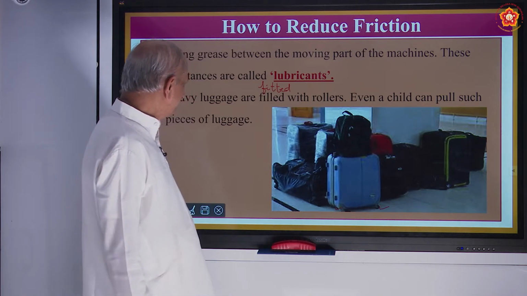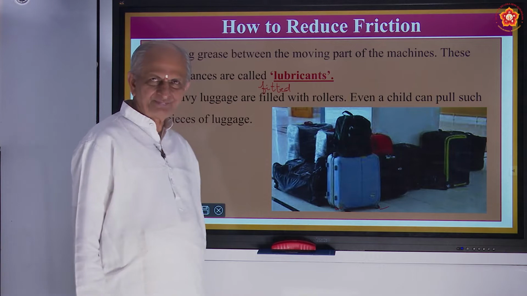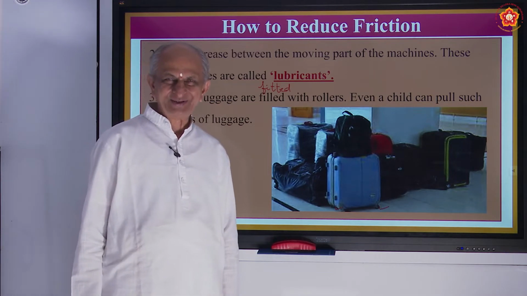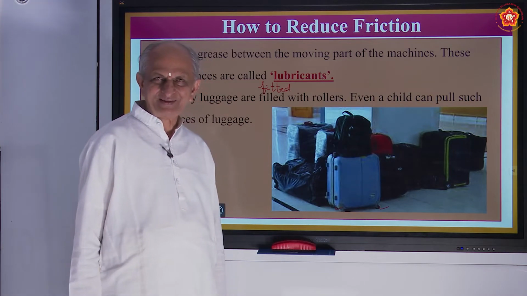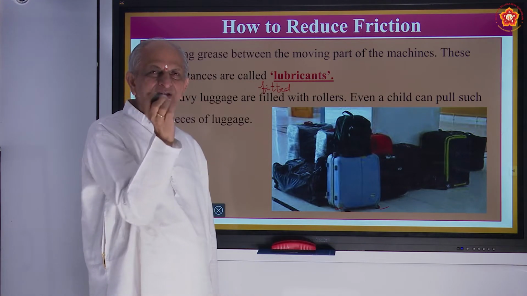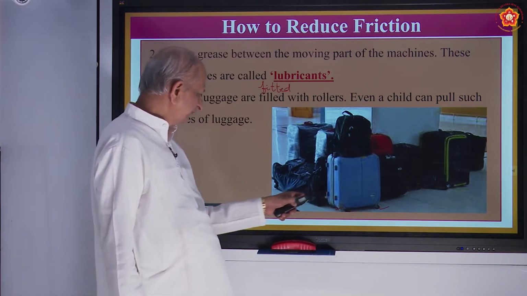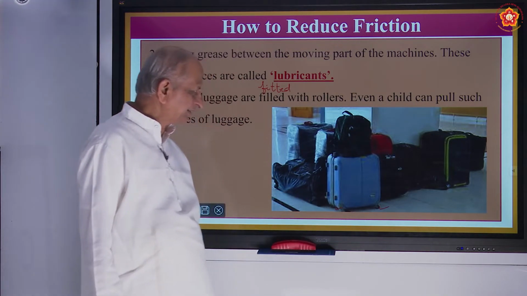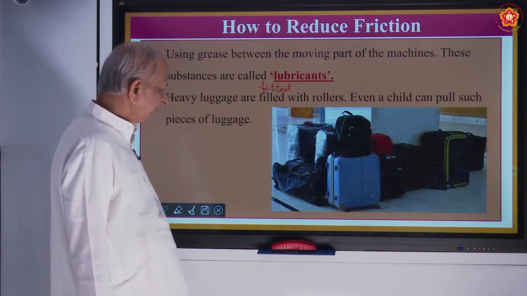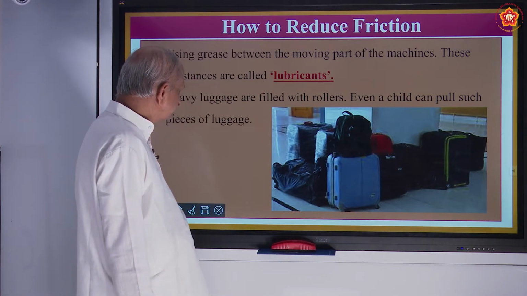A child can push such pieces of luggage, small children also can push it from one place to another easily, correct? So that is why they put small wheels there for the suitcase or the bags and all that. And heavy luggage is to be shifted. Okay.